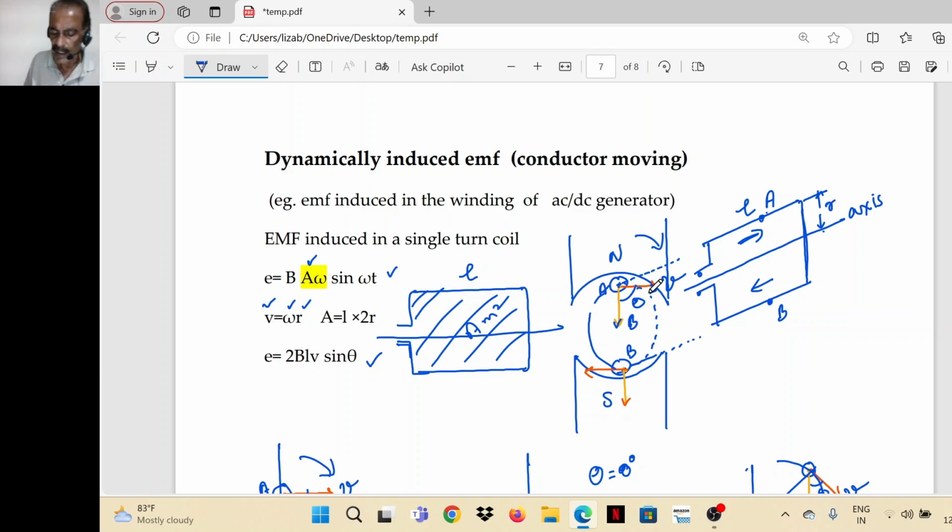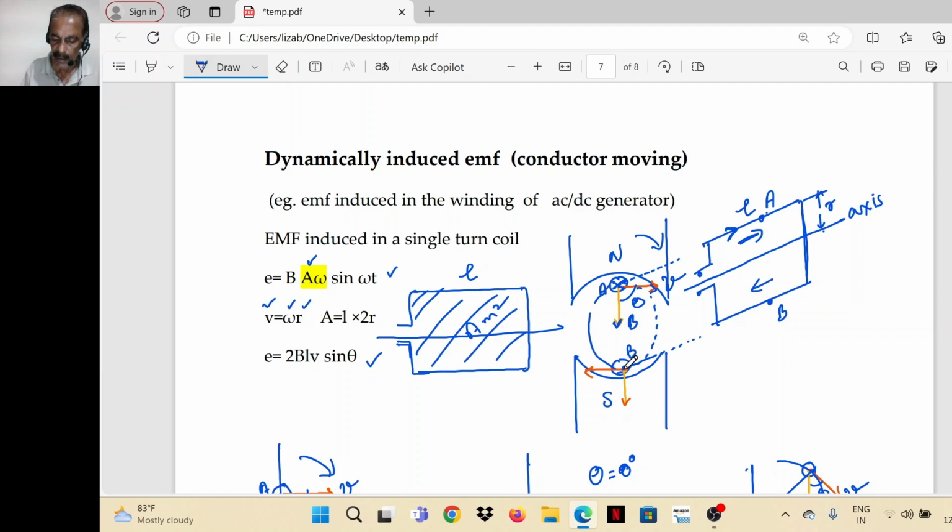If you hold your right hand in three mutually perpendicular directions with the forefinger in the direction of flux density and the thumb in the direction of linear velocity, then I'll put a cross mark here. Then your middle finger will be inward. That means the induced EMF must go in this direction in conductor A.